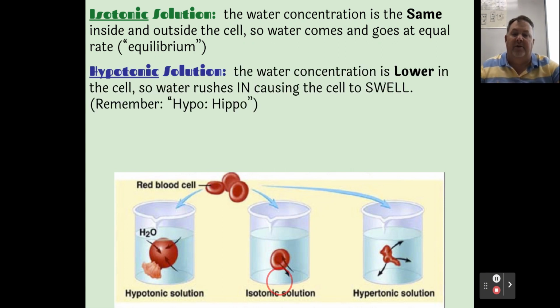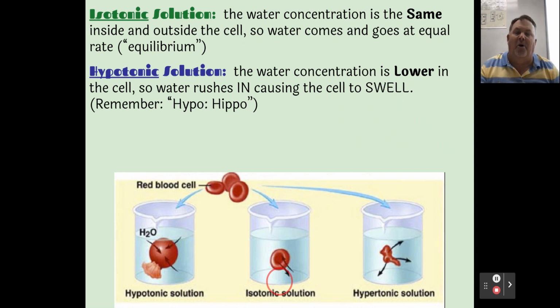If we look at the second scenario, which is called a hypotonic solution, a hypotonic solution means that for some reason, the water concentration is lower in the cell, so water is constantly coming in. So in other words, you have a higher solute concentration on the inside, and water is constantly trying to come in there and trying to balance that out.